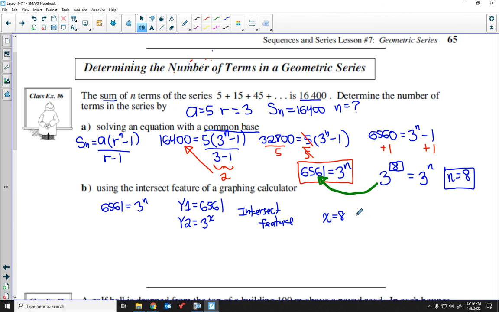So x is 8, y is 6561, and x is n. So the number of terms would also be 8, which we already knew by using that common base trick in part A.